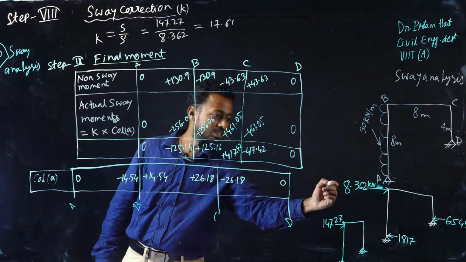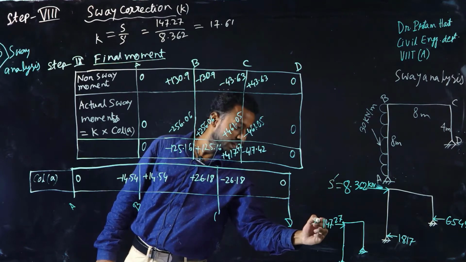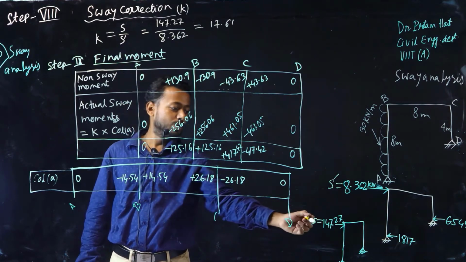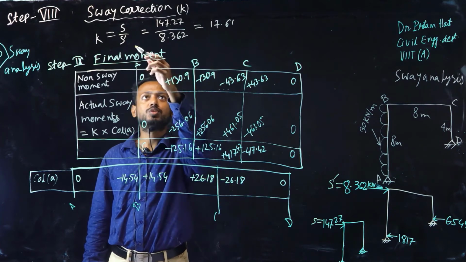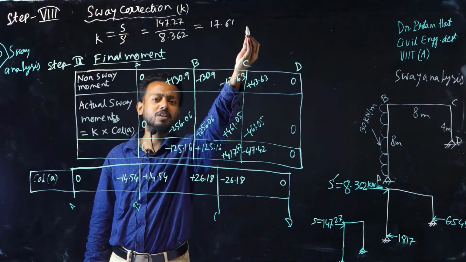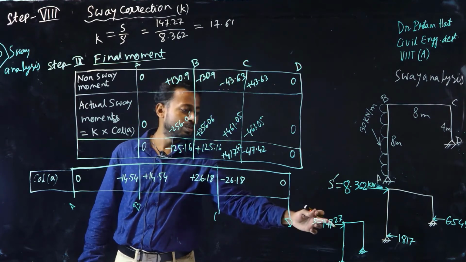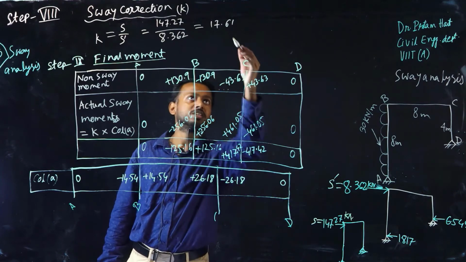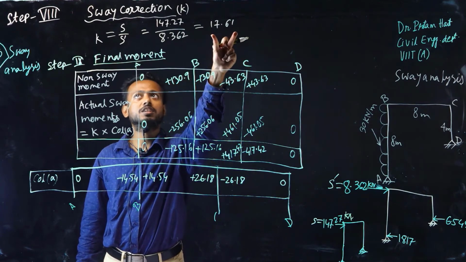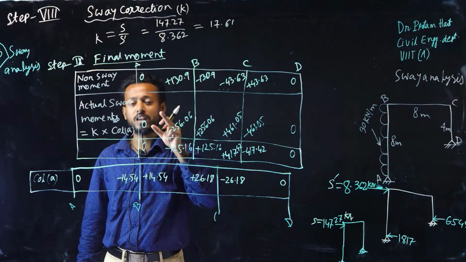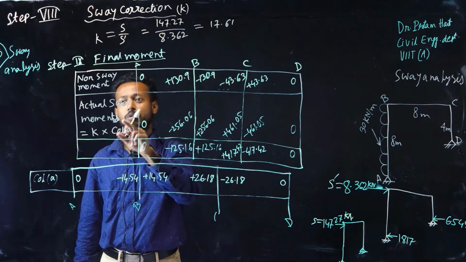So correction factor K equals S by S dash, which gives 17.61. This is unitless, because kilonewton by kilonewton is obviously unitless. This sway correction factor is required to finalize the actual sway.